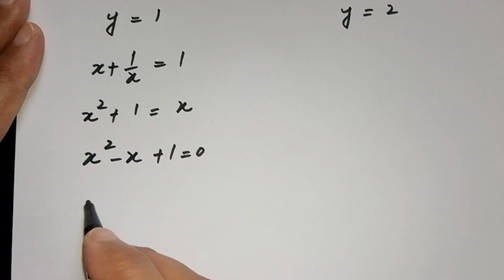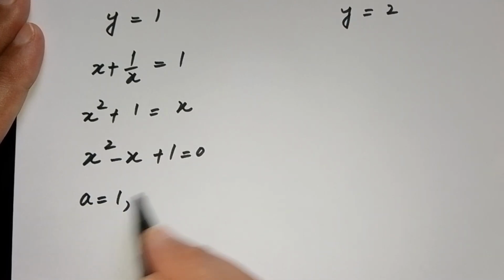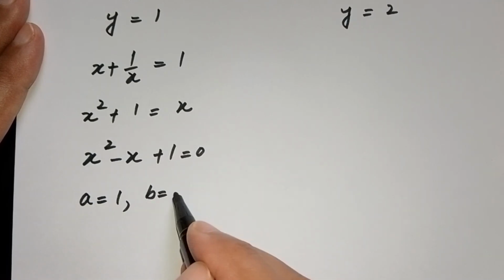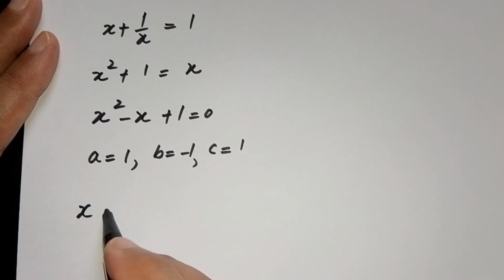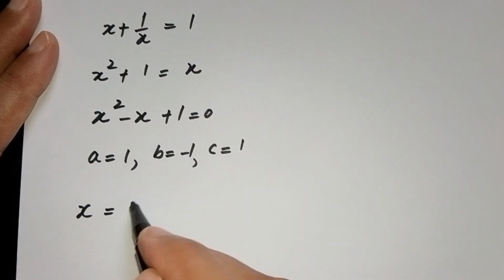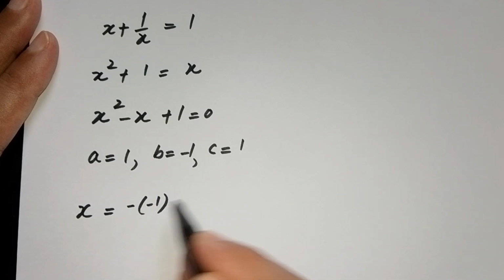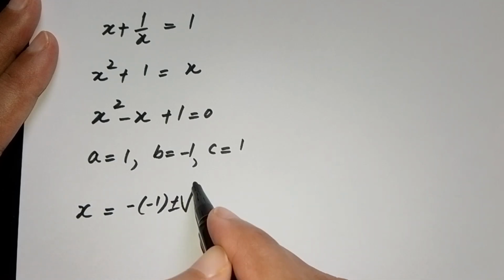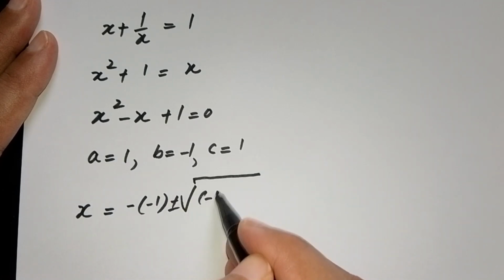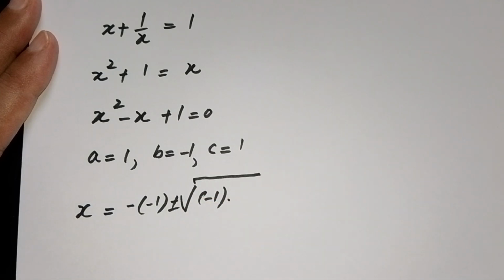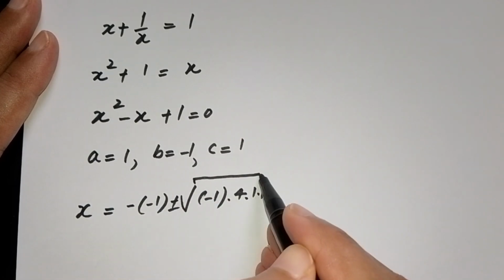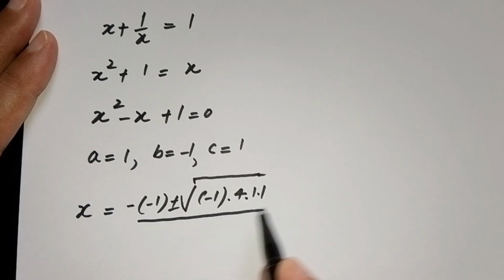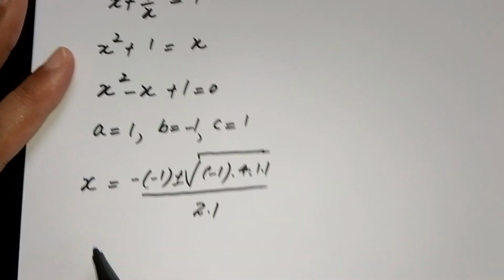It is a quadratic equation where a is equal to 1, b is equal to minus 1, and c is equal to 1. So we will use the quadratic formula here: x is equal to minus b plus or minus the square root of b^2 minus 4ac, over 2a.